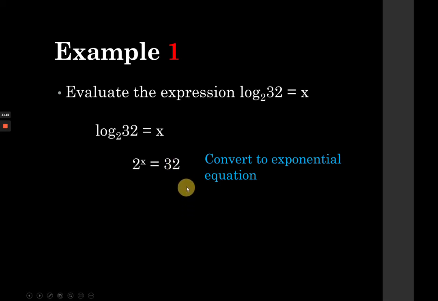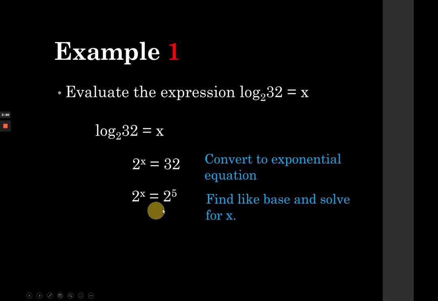Well, you need your power table because you are now going to find like base and solve for x. To make them like base, 32 should be converted into 2 raised to 5. And it's done. Since we already have like base, you just cancel like base and you found your x. x is equal to 5. And this is the case 1 example.